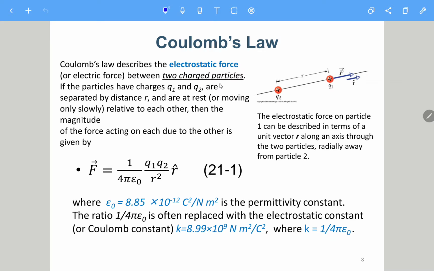So if the particles have charges Q1 and Q2, separated by distance r, this is the distance r, and are at rest.